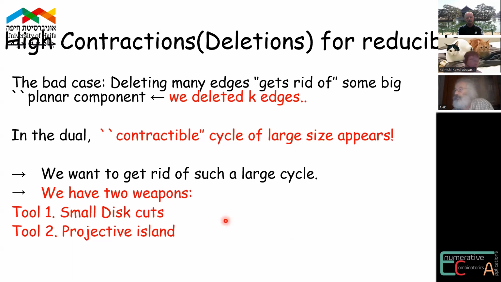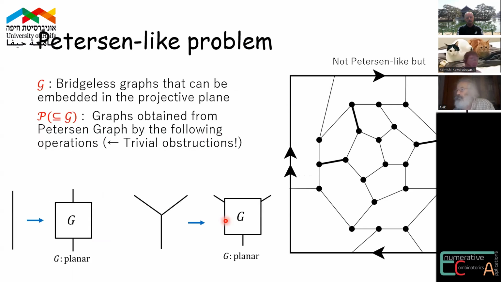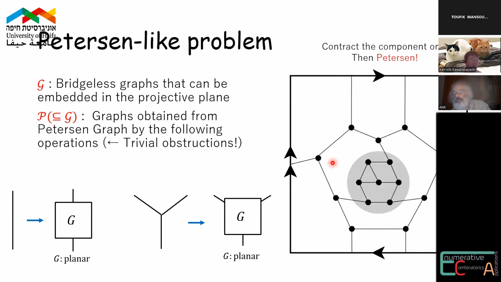One weapon, what we call small disk cut, means the following. Again in this example, in the original graph, you see that this is a 6-edge cut going like this. And after you delete these black edges, you end up with something Petersen-like.